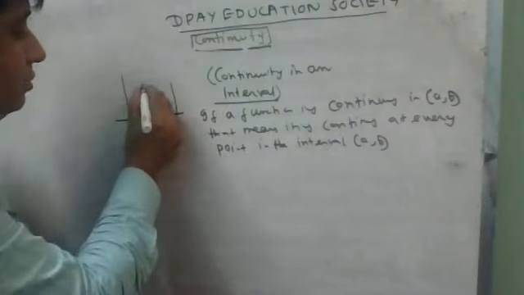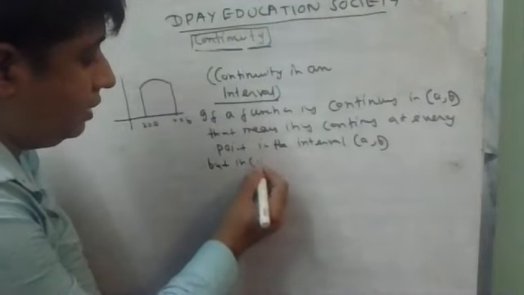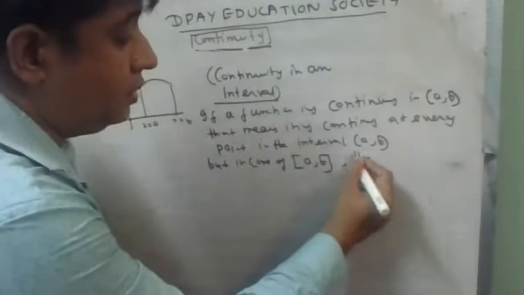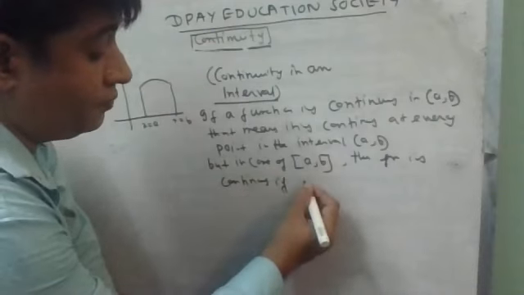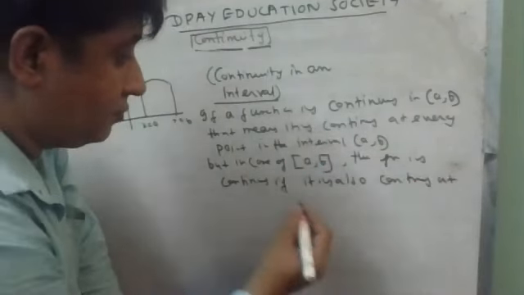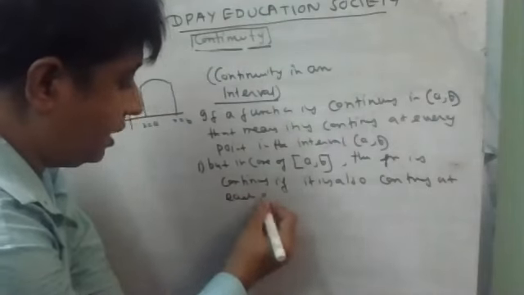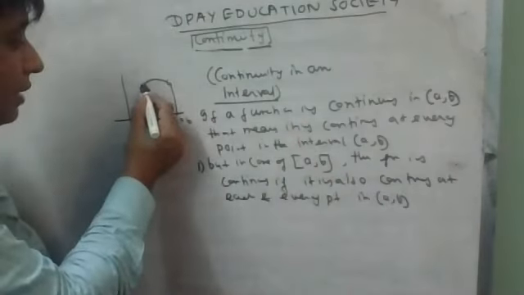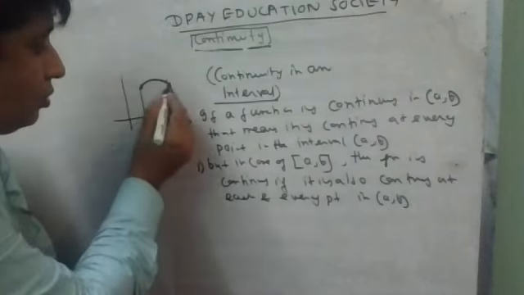In case of a closed interval, the function is continuous if it is also continuous at each and every point in the open interval (a, b).